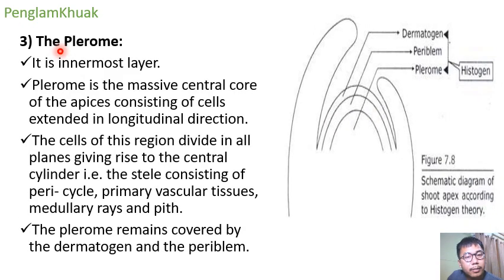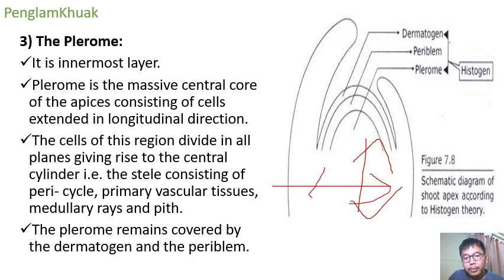Here there is the plerome next to the periblem. This plerome is the innermost layer, the central core of the apex, consisting of cells extended in a longitudinal direction. These cells can divide in all planes, either anticlinally or periclinally.